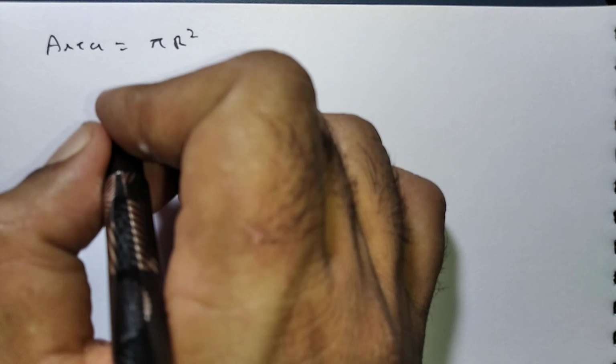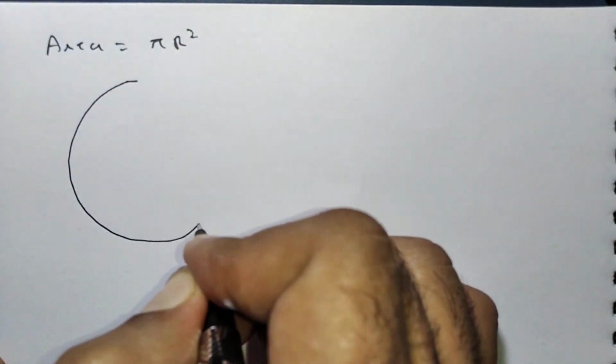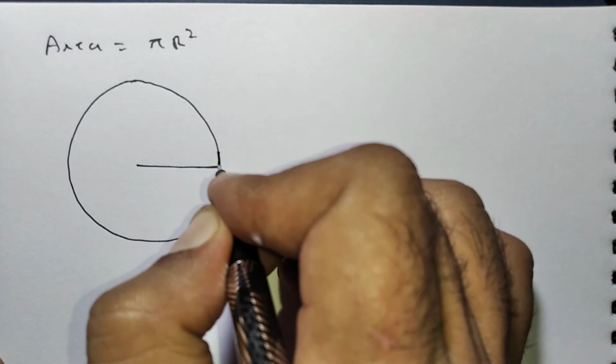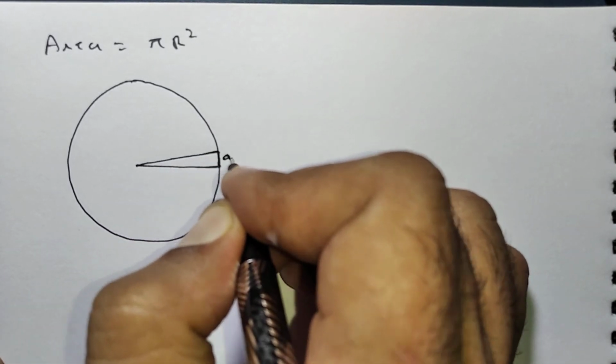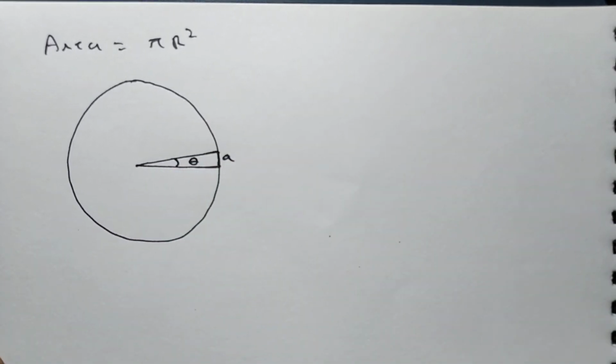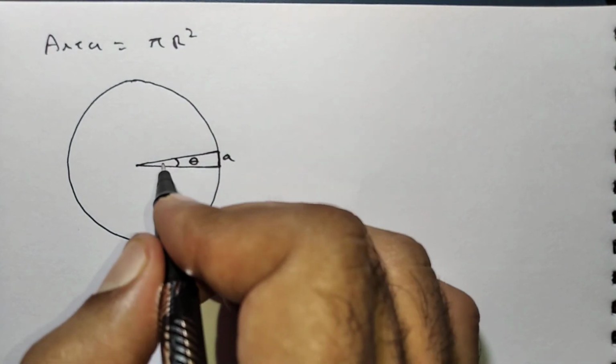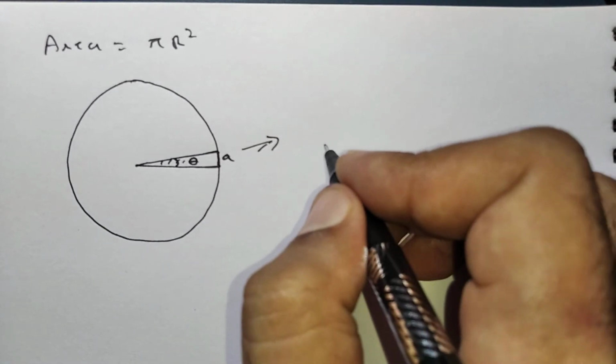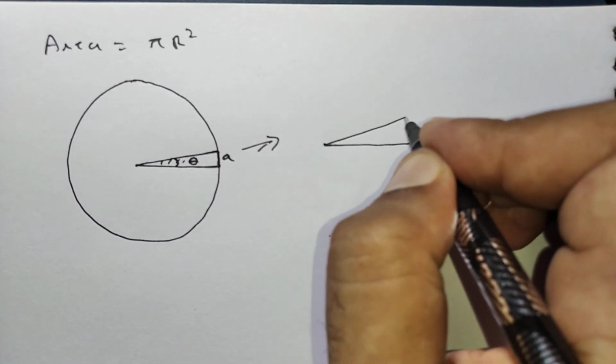Now we have to prove that area of a circle equal to pi r square. With same process, we draw a circle, radius r, then small perpendicular a, angle theta. Now we have to calculate this area. So if we draw this as a big picture, then we get like this.